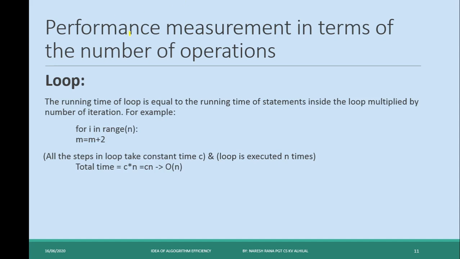All the steps in the loop take constant time c, and the loop is executed n times. So total time is equal to c into n, that is cn. The order of this is O(n), or we can say the efficiency of the program is O(n).